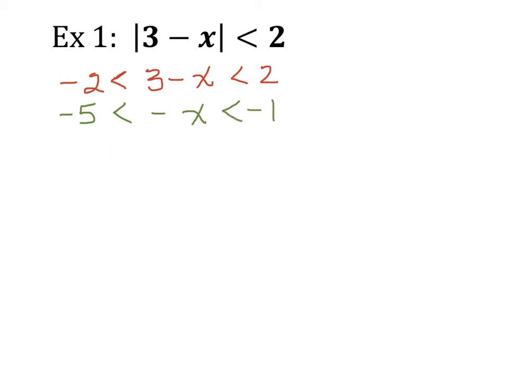So I have negatives. I don't want a negative x, I want a positive x. So we can think of this as we're going to multiply everything through by -1. And what happens is not only are you changing the signs of the numbers, you're changing the inequalities as well.